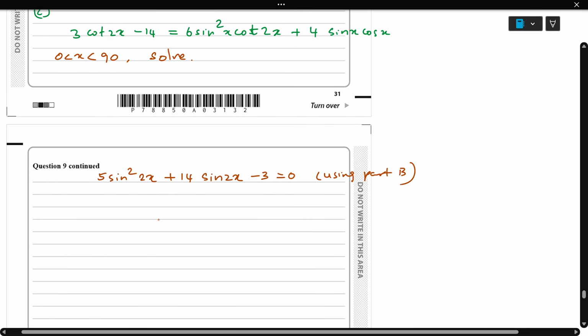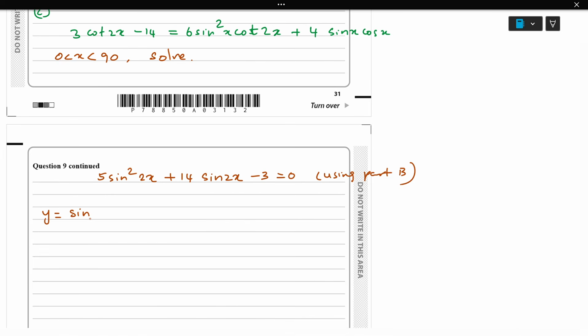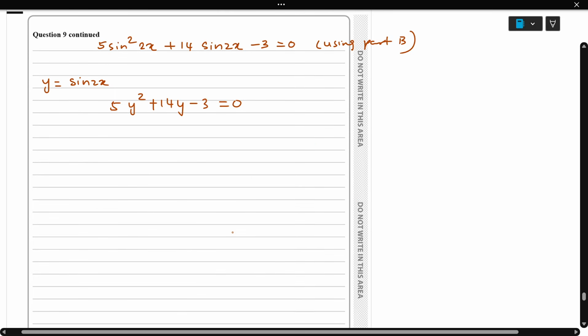Now we need to solve this using the substitution method. I'll take y equal to sin 2x, so 5y² plus 14y minus 3 equals 0, a normal quadratic to solve.